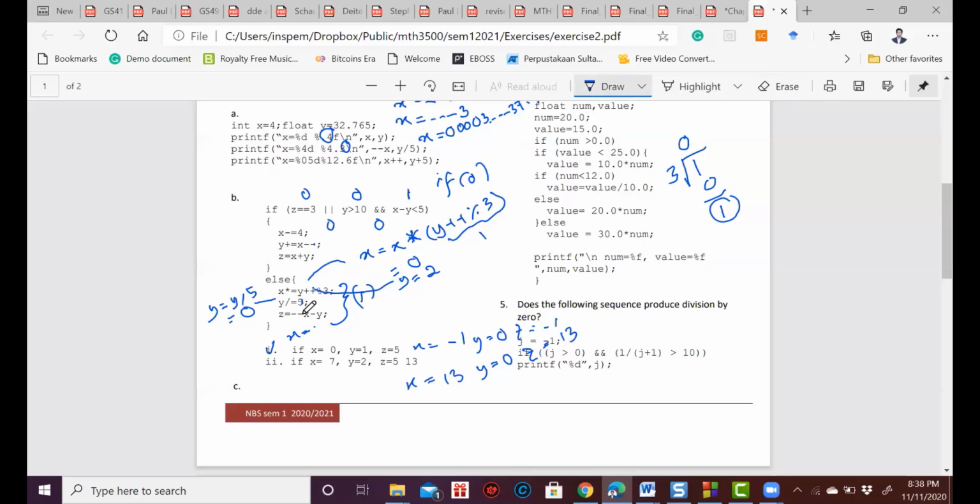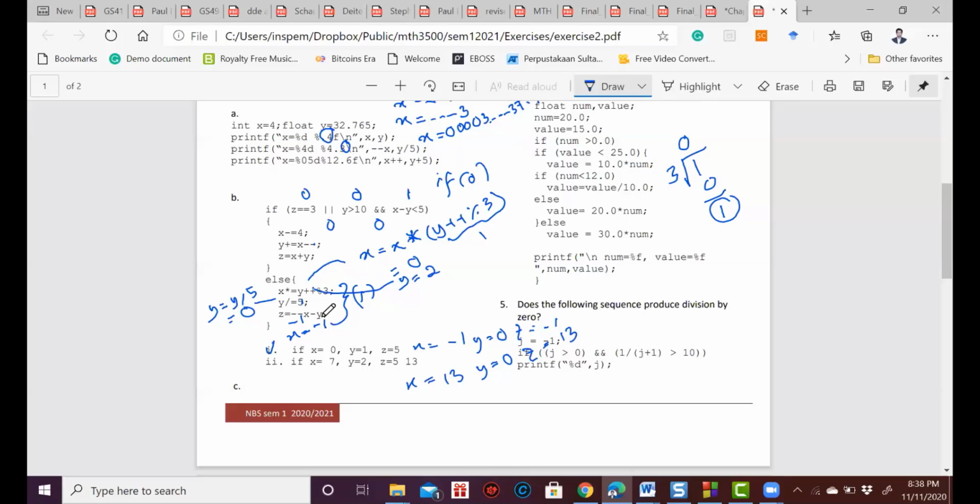So minus minus 0 is minus 1, and x at this stage is minus 1. Minus minus x, x is minus 1. Now, so minus minus x is minus 1.